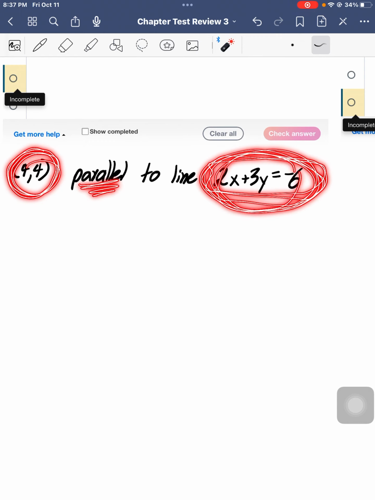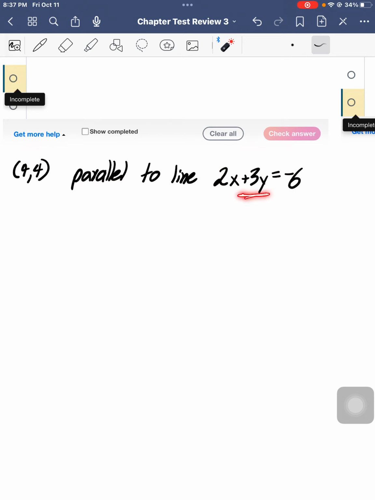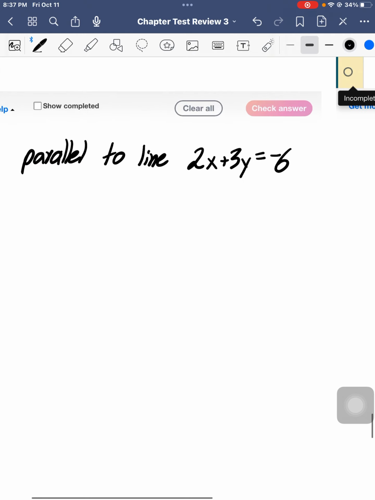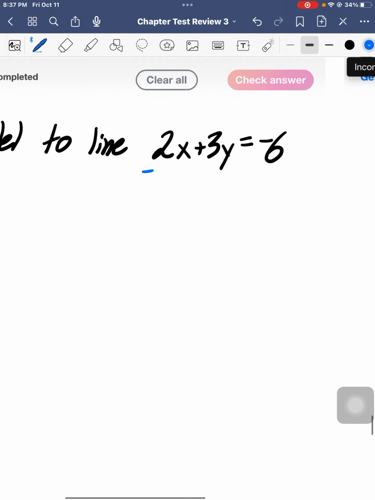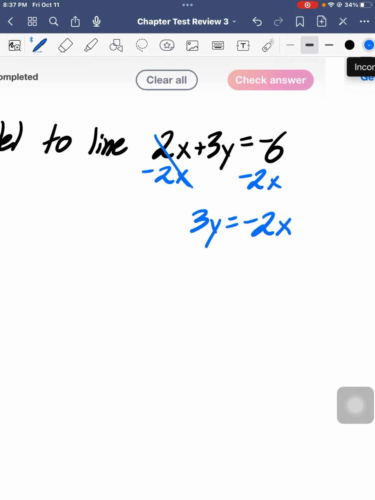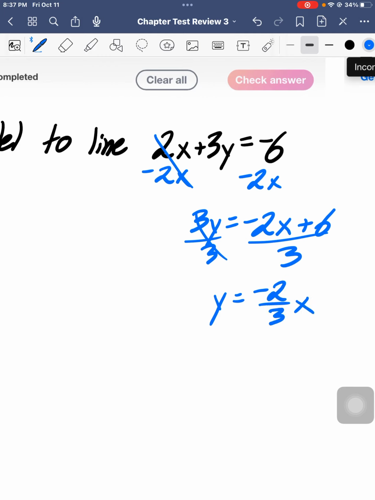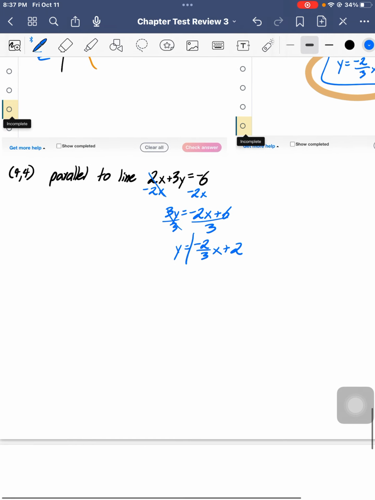Like we said, all we have to do is find the slope of this line, and then the slope of this line will be the same slope that goes to this line because they're parallel. So let's do that. I'm going to subtract 2x: 3y equals negative 2x plus 6, divide by 3, y equals negative 2 over 3x plus 2.